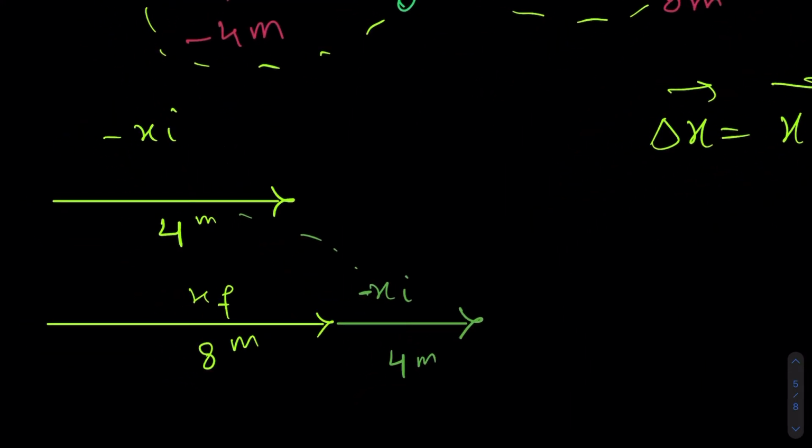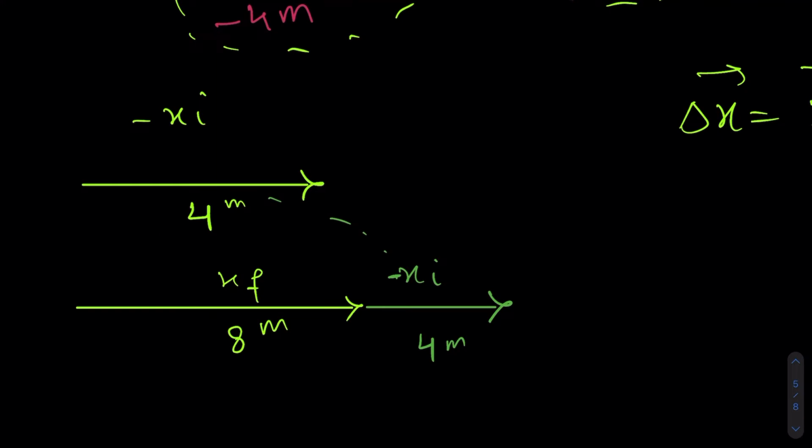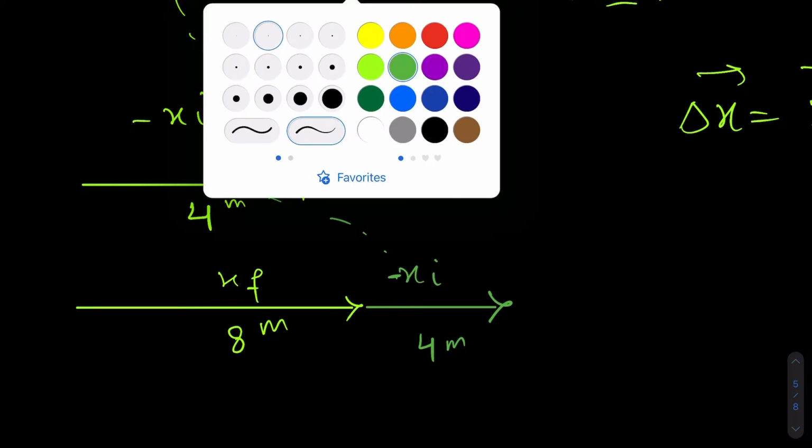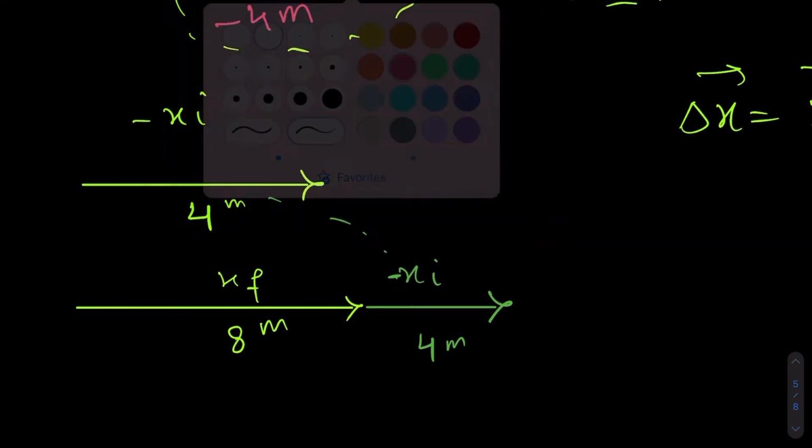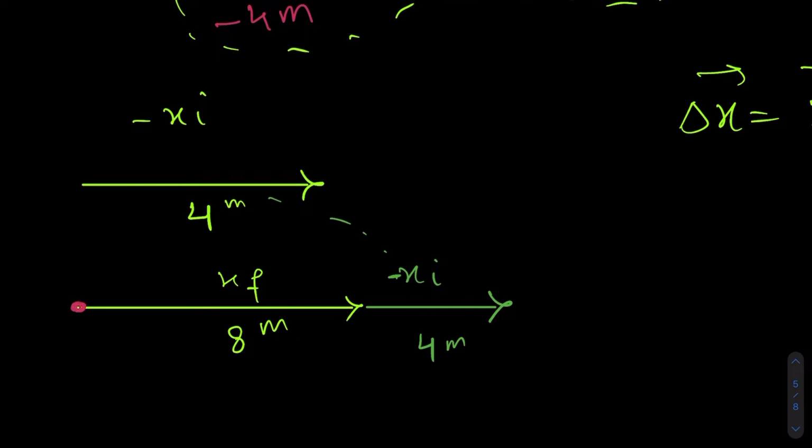Now I can see I have two points, one tail and one head.